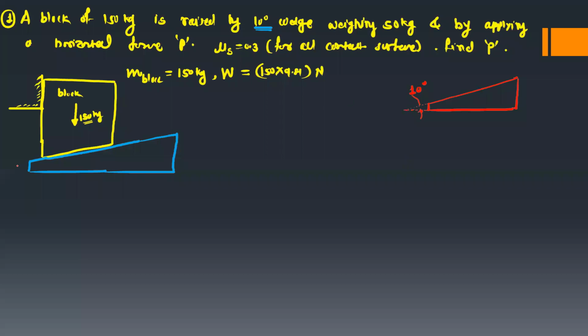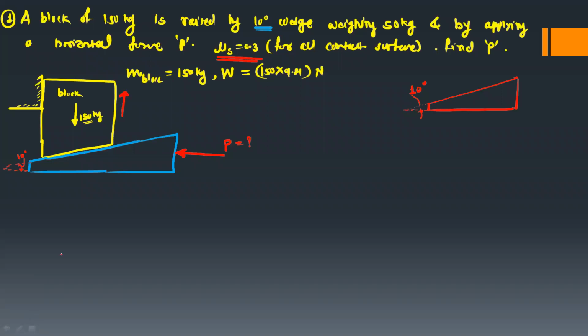Similarly here, this angle is 10 degree, which is the wedge angle, and the coefficient of friction for all the contact surfaces is 0.3. We have to find out the external force, which is the horizontal force P on the wedge, so that the motion of the block will be in the upward direction.